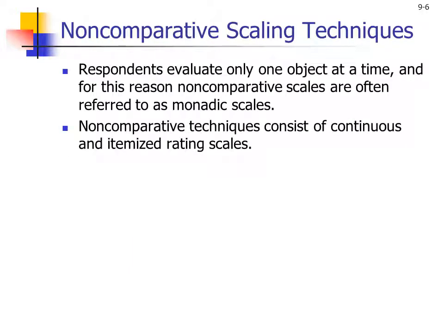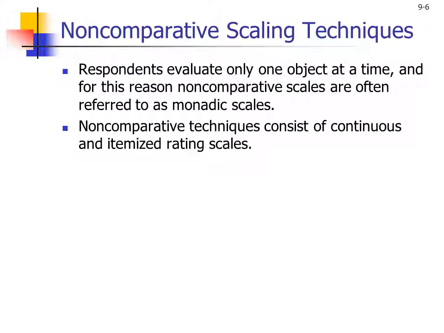We will begin with the non-comparative scaling techniques. Respondents using the non-comparative scaling employ whatever rating standards seem appropriate to them. They don't compare the object being rated either to another object or to some specified standard, such as your ideal brand.